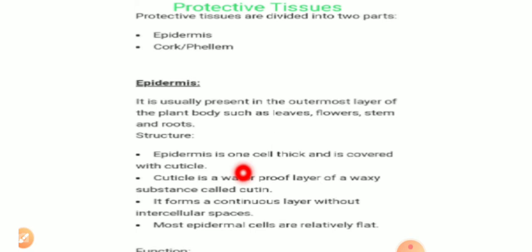It is responsible for protection against water loss. So cutin and wax also form a non-cellular coating, and it is called cuticle.